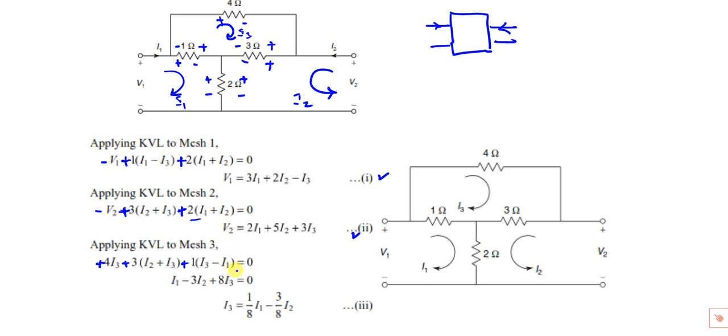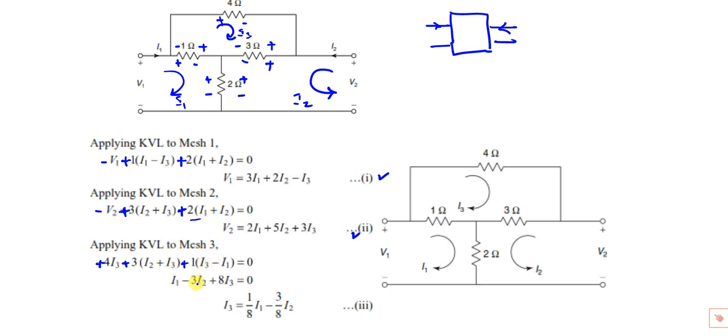Okay, then this is 4I3, 3I3, okay, 4I3 plus 3I3 plus 1I3, 8I3, then 3I2, then I1.